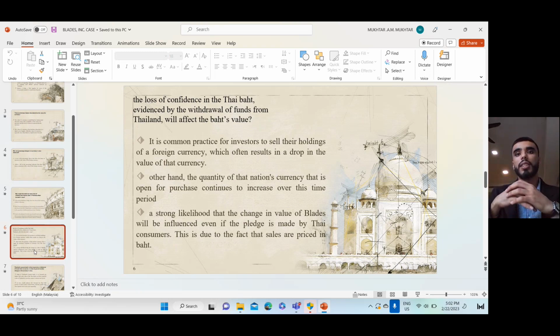This is due to the fact that the sales are priced in baht. So when buyers buy from the Thailand supplier, they pay in baht. When you pay in baht and there's inflation, that means the baht is decreasing and the US dollar is getting higher. So it's much cheaper for him to buy actually.